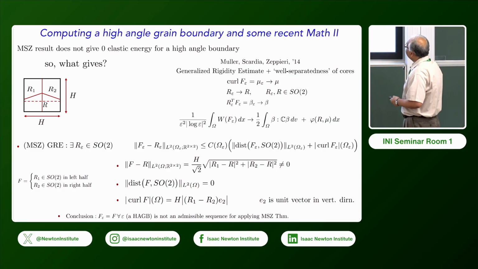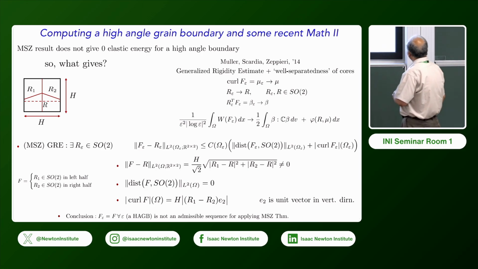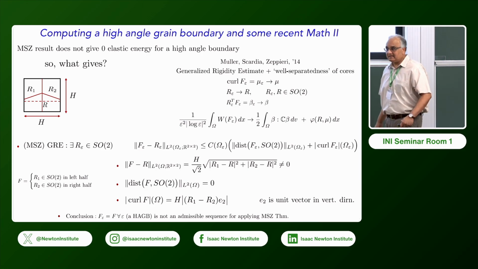So you have this, the field minus the constant rotations, L2 norm is bounded by C depending only on the omega, and then the L2 norm of the distance function of pointwise F epsilons to rotations, and then the total variation of this measure, the curl Fe.